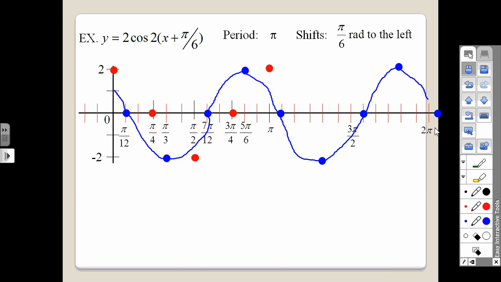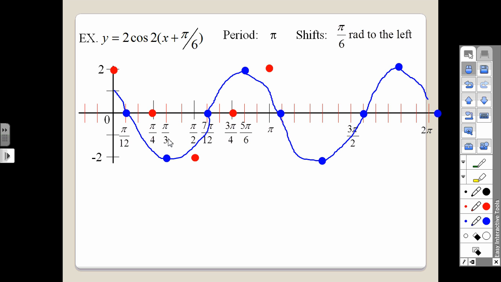Now, another way that you could have thought about this had you wanted to, you still have to get the pi over 12, the pi over 3, the 7 pi over 12, and the 5 pi over 6. But you could just actually calculate out by hand, take pi over 4 and subtract pi over 6. So if you do that math, just do it in your head or do it on a piece of paper or something, you'll subtract those and you get pi over 12.